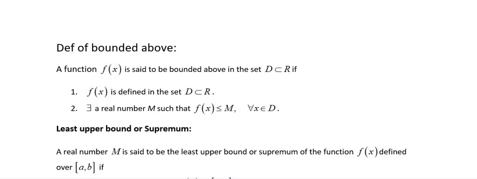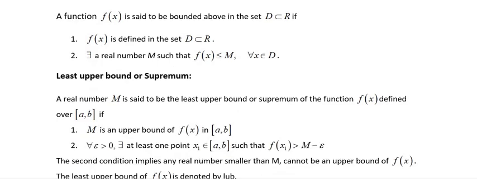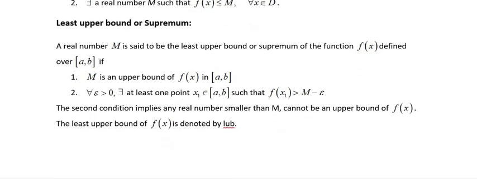of f of x. Now we are going to define least upper bound or supremum. So a real number M is said to be the least upper bound or supremum of the function f of x defined over closed interval a comma b.